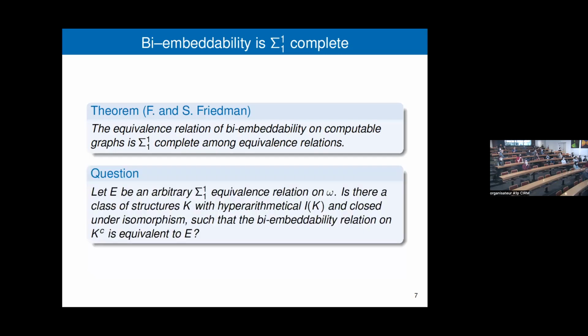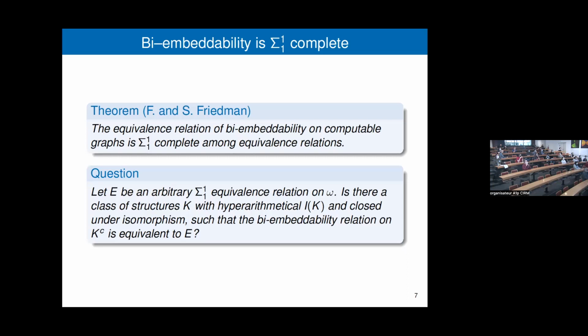Okay, and here is the first open question. We know that for graphs, let's say, it is as complicated as it possibly can be. So the question is, is it as rich, in a sense, as it can be? More formally, suppose we have an arbitrary sigma 1,1 equivalence relation on omega.